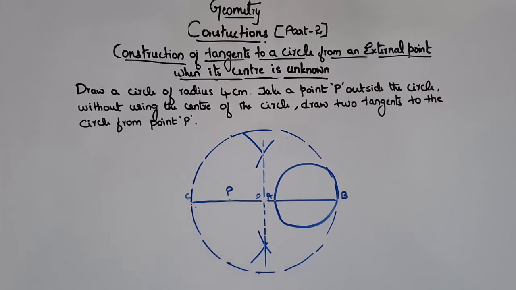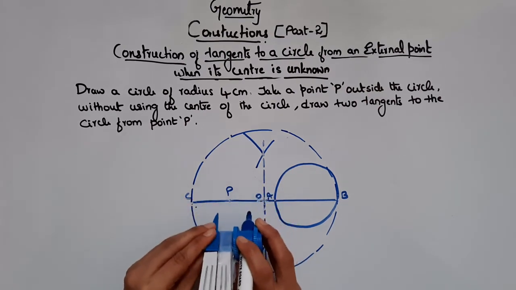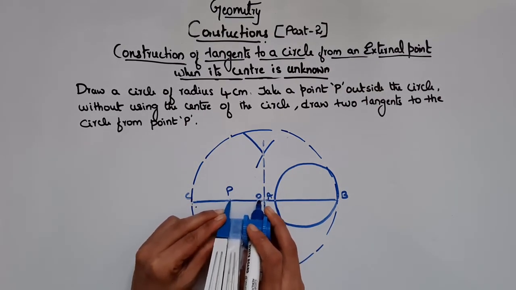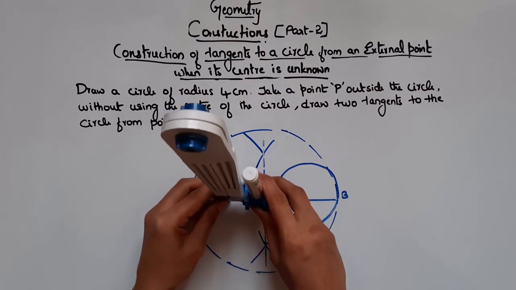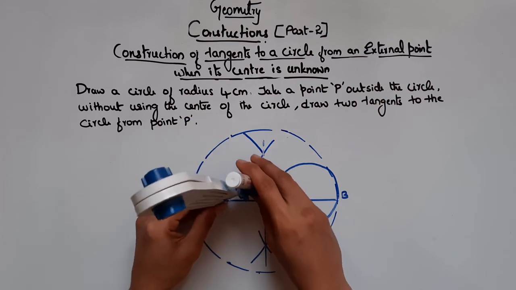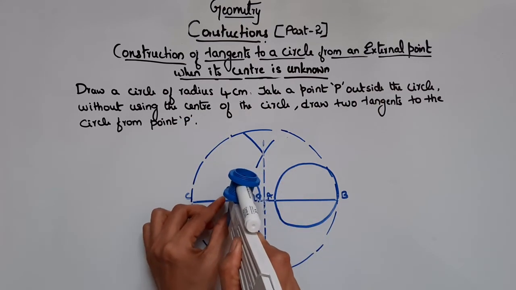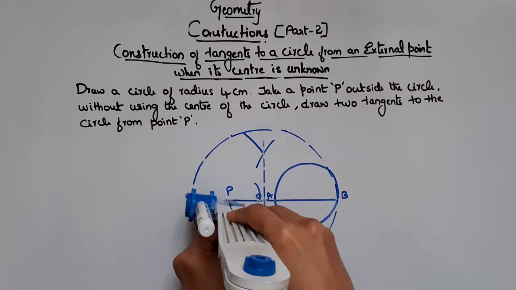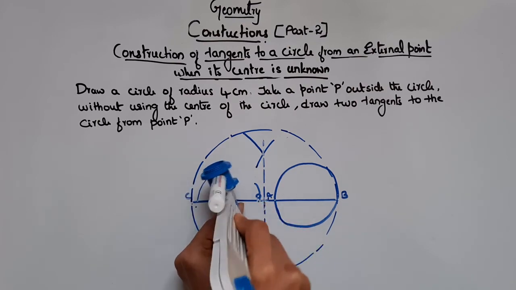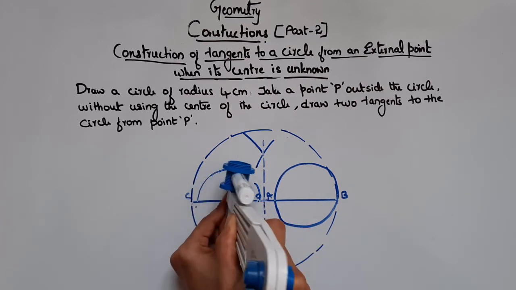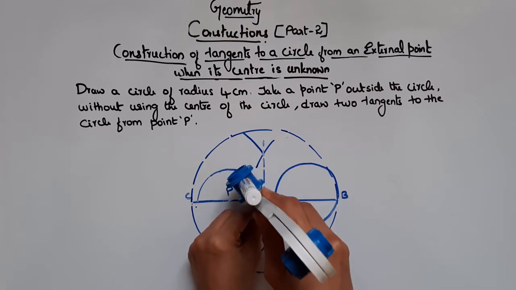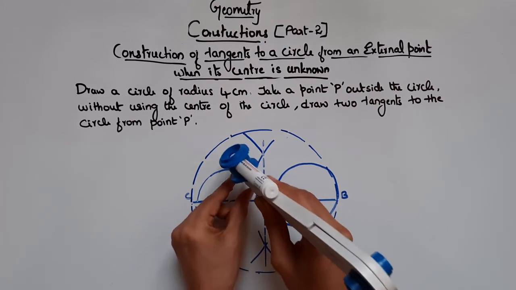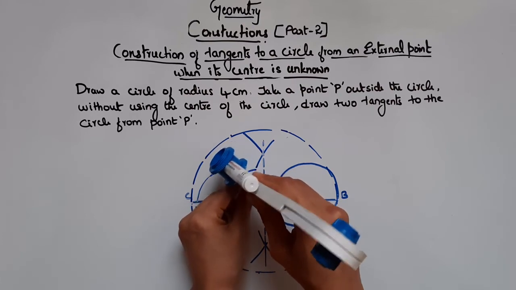Take your compass, keep your compass at point P, take any length, and draw a semicircle. Now you will keep the same length and cut the semicircle like this, and one more cut from this point.